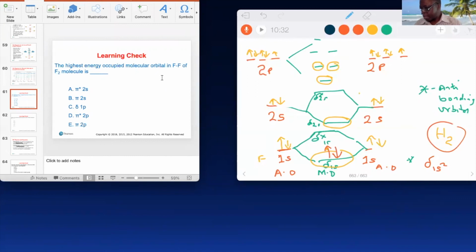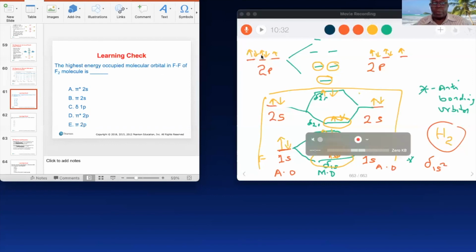If we put here, and the bonding, assume that this will disappear. This will cancel out. But now the outermost 2p, we have 1, 2, 3, 4, 5, 6, 7, 8, 9, 10. So all the electrons should come on these molecular orbitals.